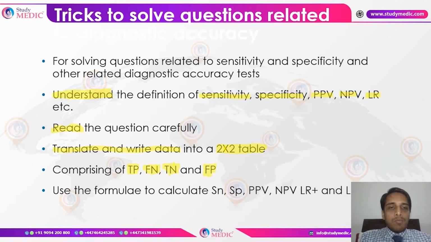Then we have to use the formulas which we have understood using the concepts to calculate some of these diagnostic accuracy tests, which we will learn in the next slides of the KickStart series.